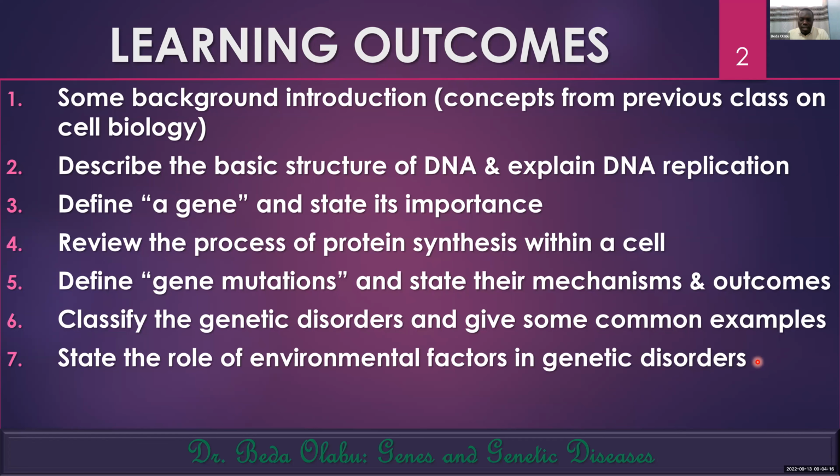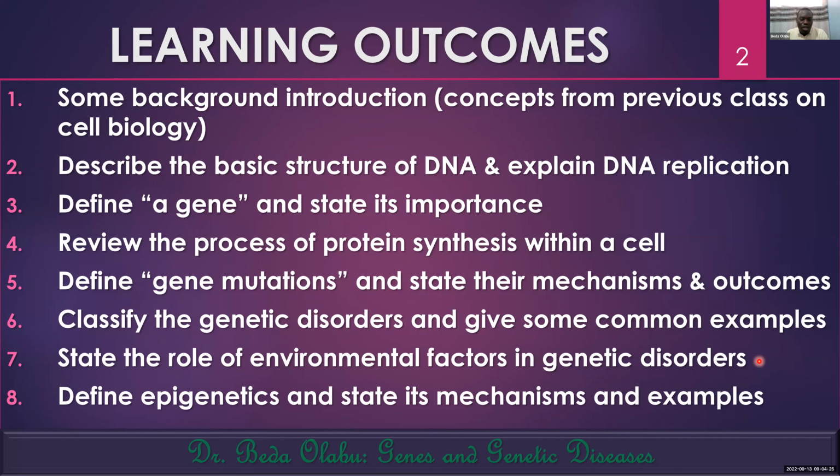We look at the interaction between the environment and the genes. And we'll finish with what we call epigenetics. So we'll define what it is, we'll state its mechanisms, and we'll give examples.